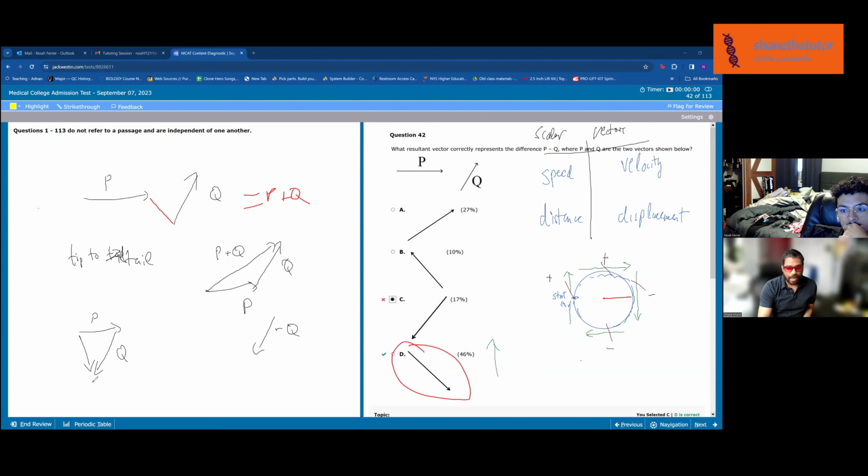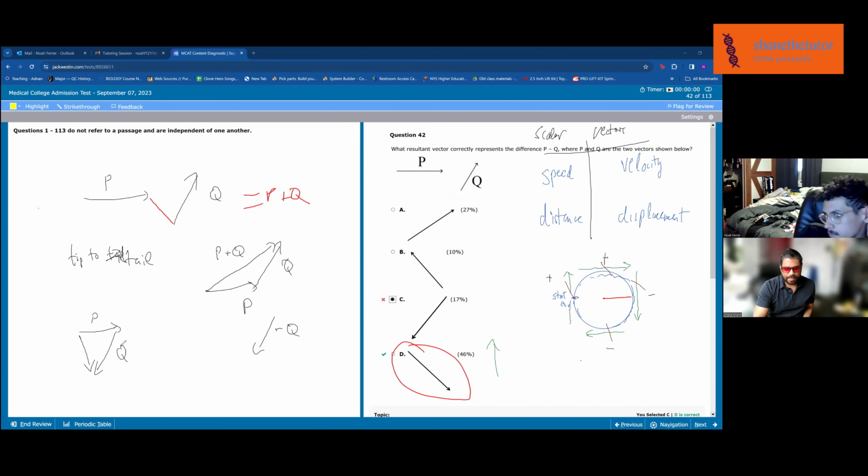Oh, no. When you're adding the vectors, that's when you do tip to tail. When you're subtracting, you just think of it as addition, except if you're changing the sign, you're changing its orientation.